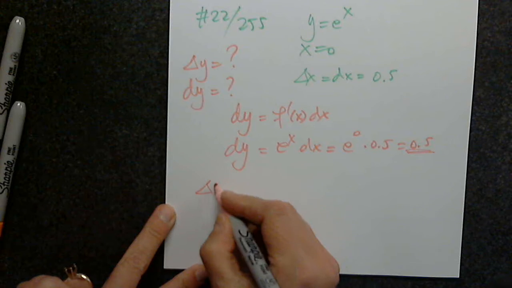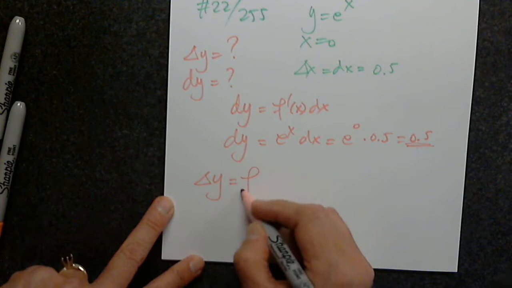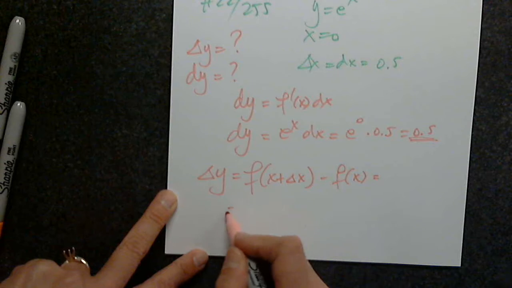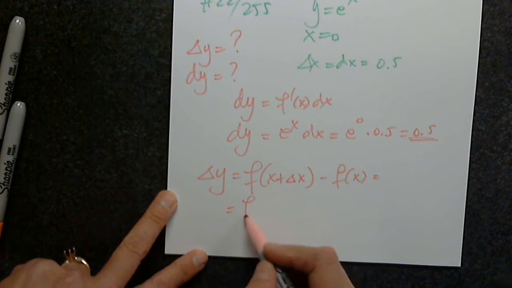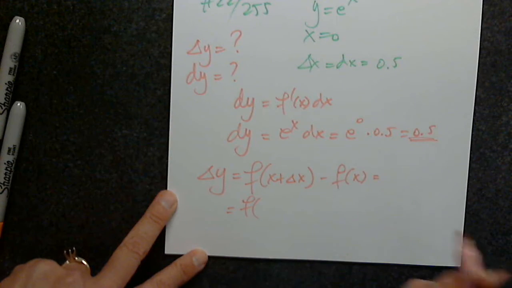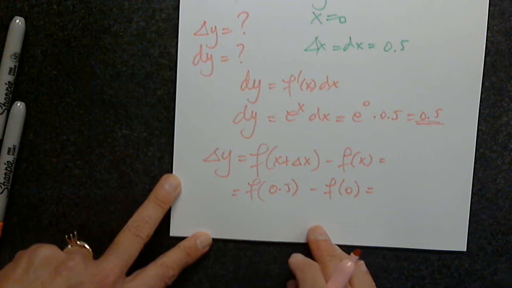But delta y, can anyone give us the formula for delta y? So it's f of x plus delta x minus f of x, yes? So this will be f of 0 plus delta x, or dx, which is 0.5, minus f of 0.